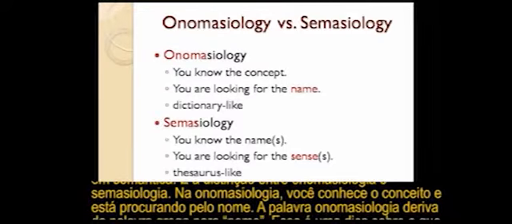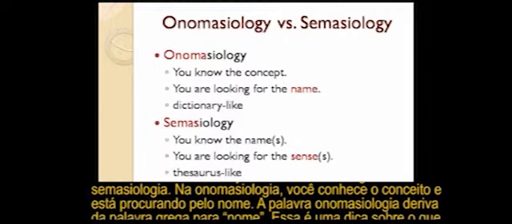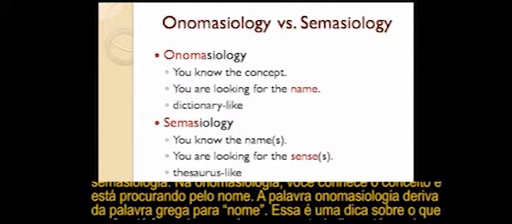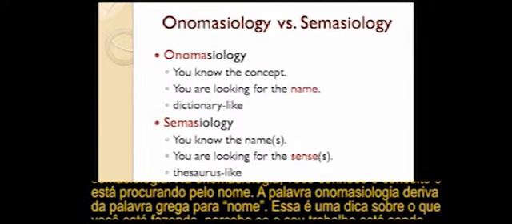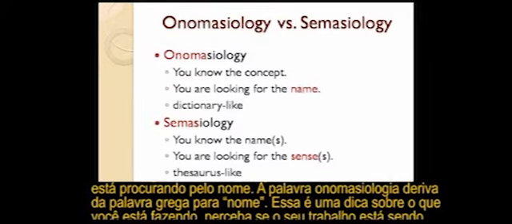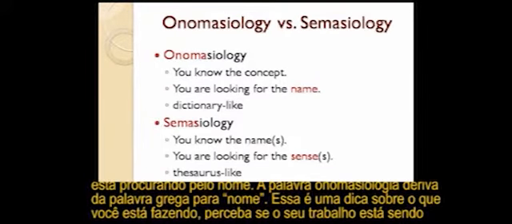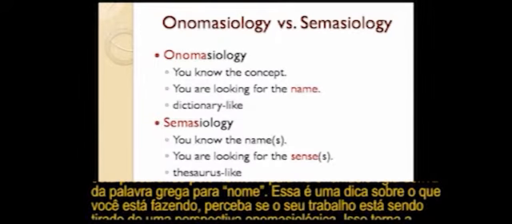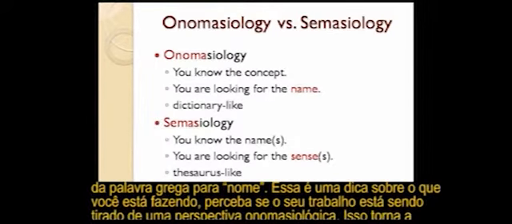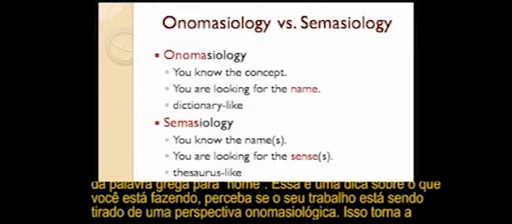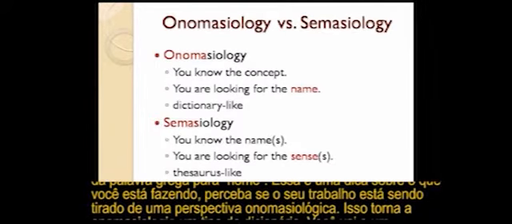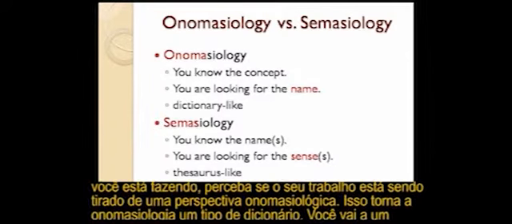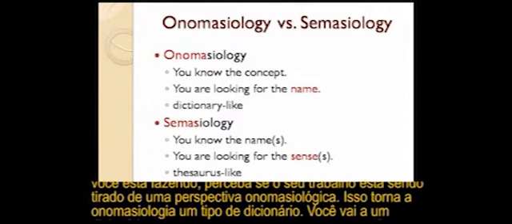In onomasiology, you know the concept, and you're looking for the name. So the word onomasiology derives from the Greek word for name, and that's a hint about what you're doing if your work is taking the onomasiological perspective.